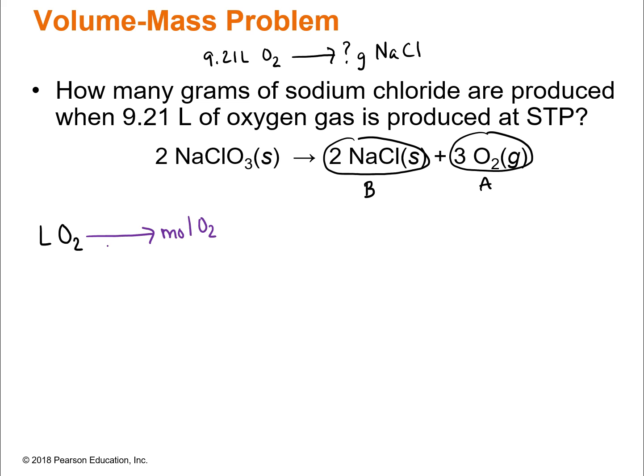We're going to get that to moles using molar volume. Then we need a mole-mole ratio, and that's going to be B over A. Our B is what we're trying to find. That's sodium chloride. The A is oxygen gas.